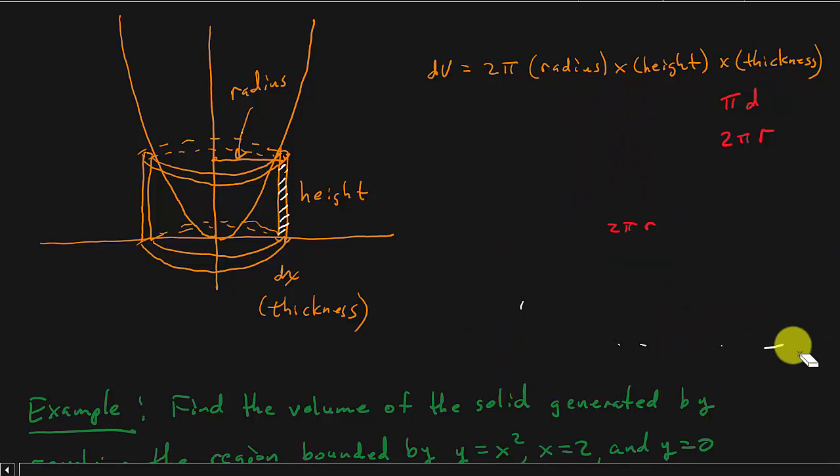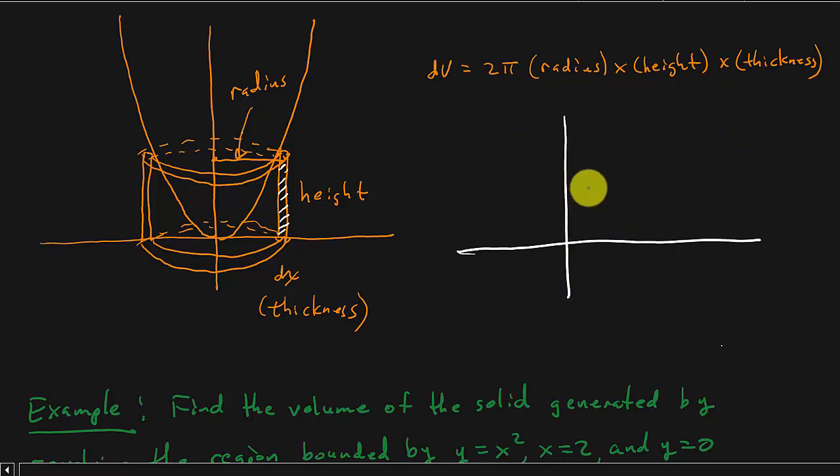When you draw this, let's suppose we had something like this, and we want to revolve it about the y-axis and use the shell method. All I'm going to do is draw my rectangle in.